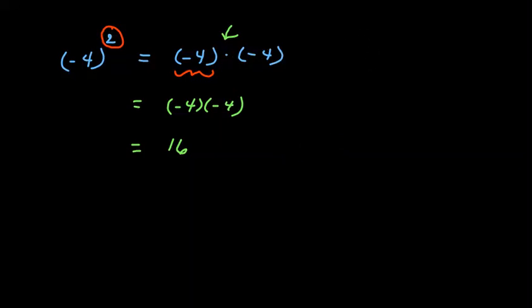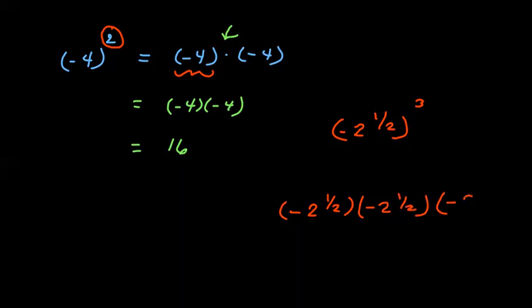If I had -2.5 raised to the 3rd power, all I would do is come here and say -2.5 multiplied by -2.5 multiplied by -2.5. Now, going back to your fractions, this isn't how we would do this, right?